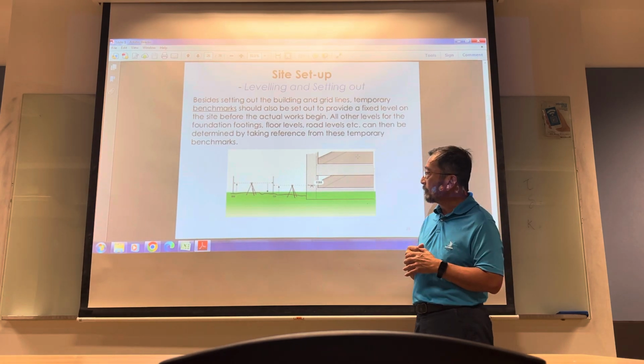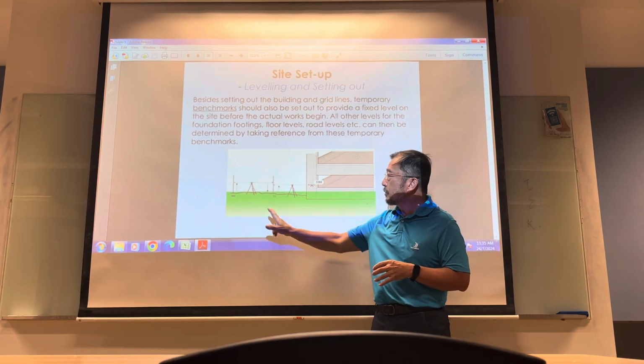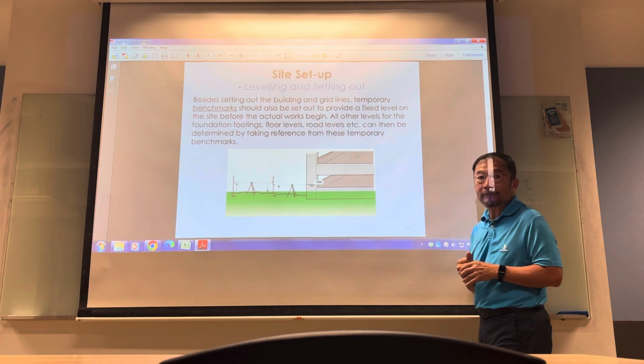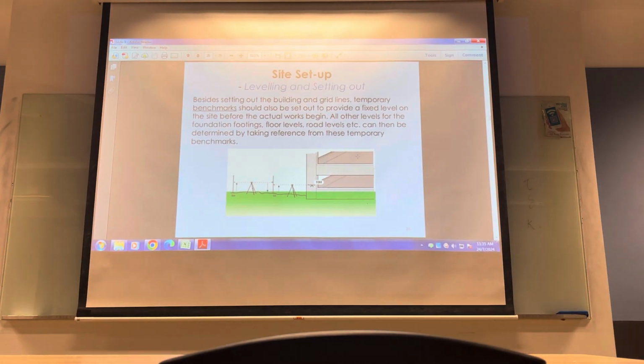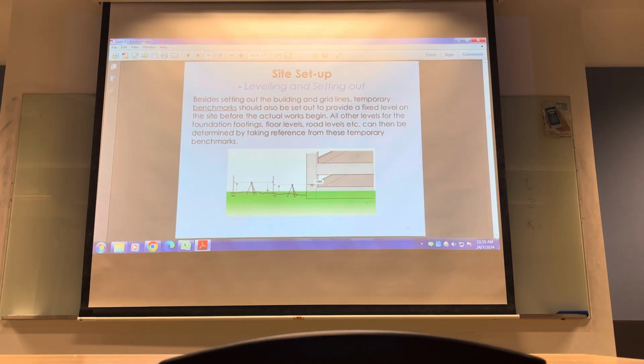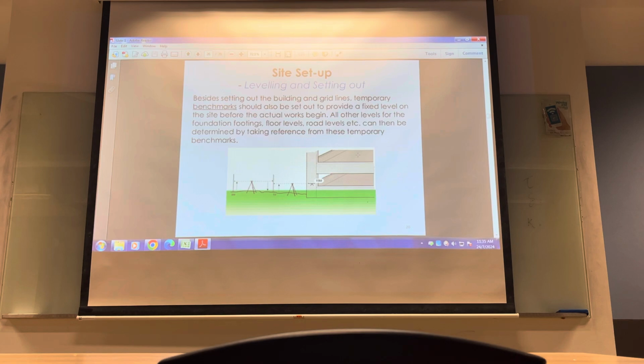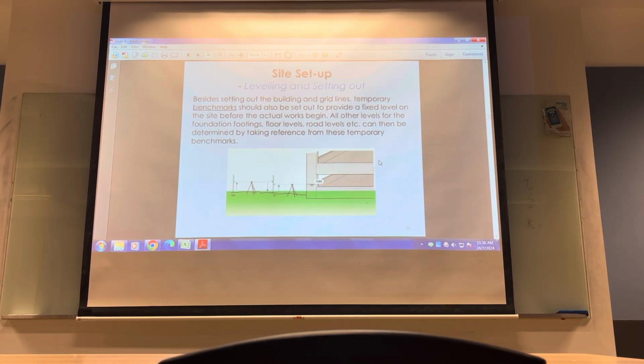Make it level, and you use an instrument called the staff, so that you can read through the level instrument to see the height of collimation, and you do your deduction to find the level of that particular point.